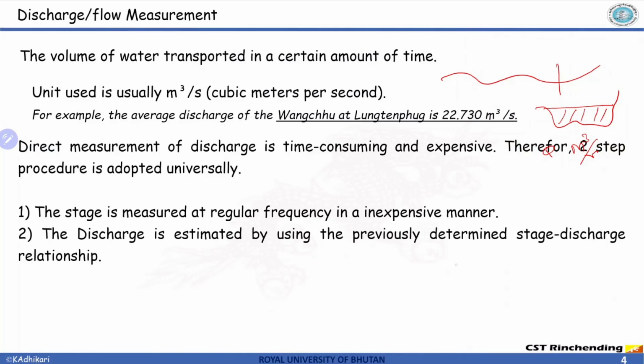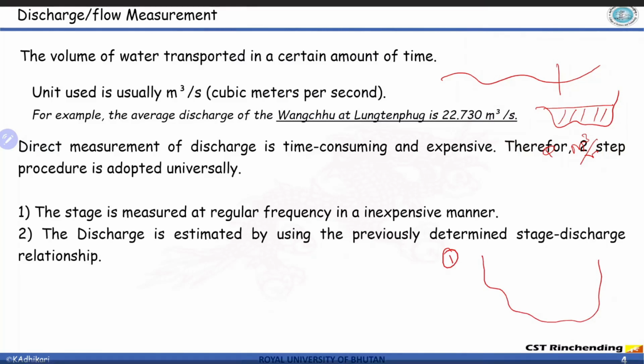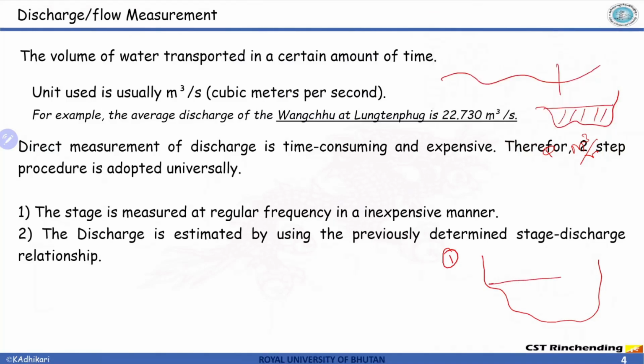So what they usually do is adopt a two step strategy. Number one, we measure the stage. Instead of measuring the discharge directly, we first measure the depth of flow at different times, and this can be done fairly easily, right? Somebody with the gauge here can easily read the level of water. Next, we develop a chart known as a rating curve.